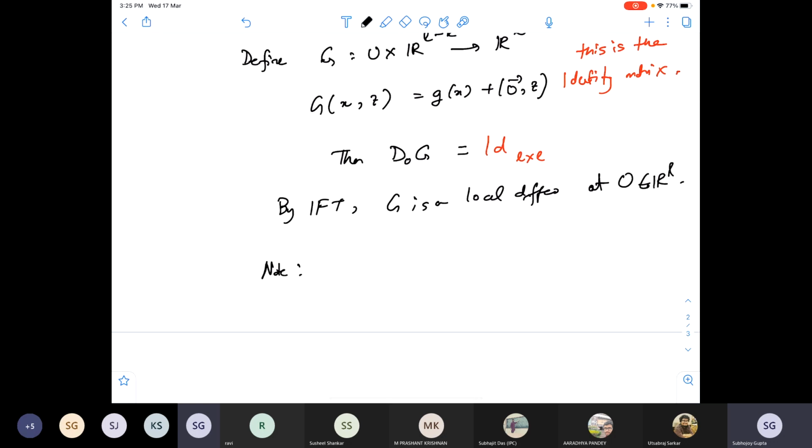Note that the way I've constructed it, little g is just capital G precomposed with the canonical immersion.